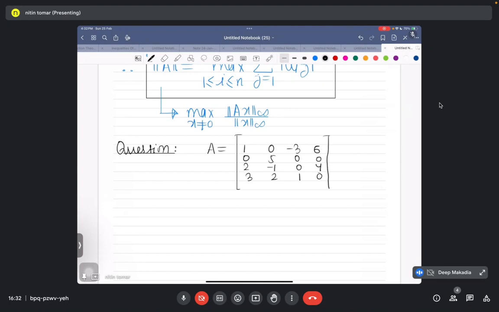So can anyone please tell me the matrix norm subordinate to the infinity norm. This is 10. It is easy to see, right? Why the first row?